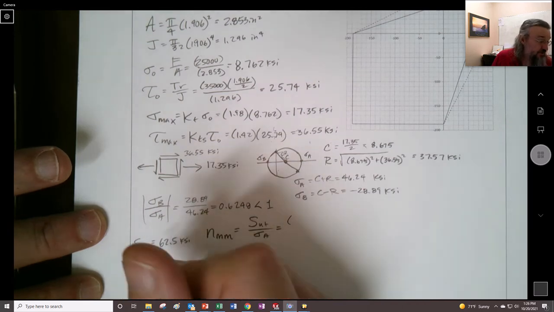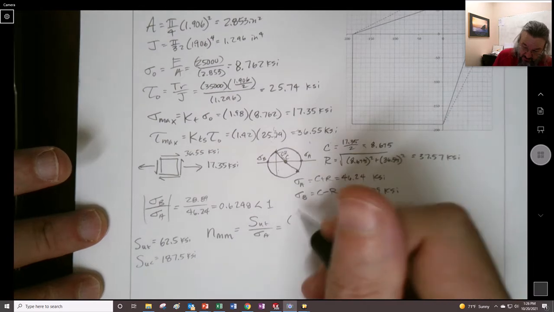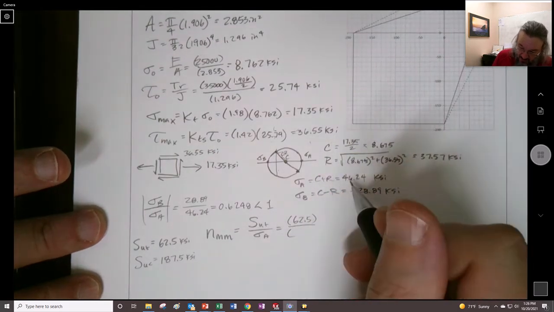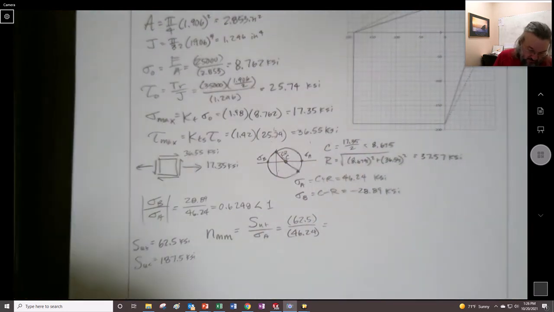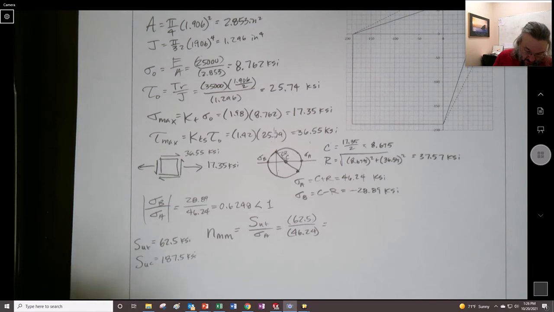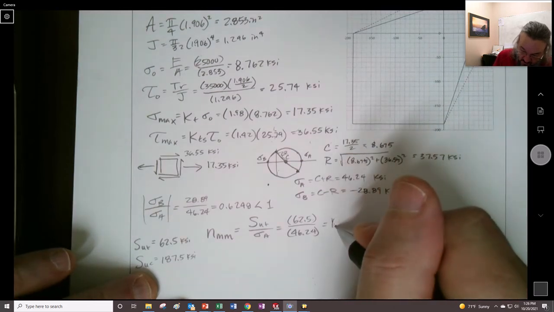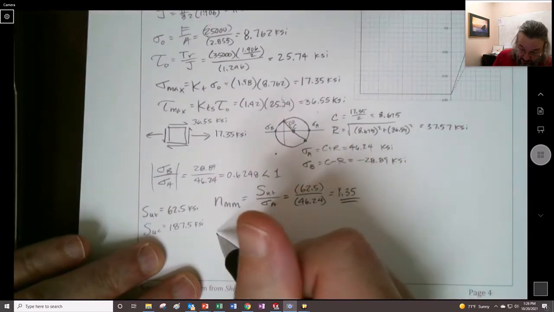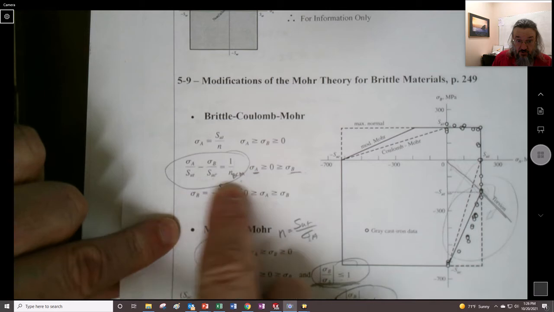And in compression, it's a large 187.5 KSI. So the safety factor is 62.5 divided by 46.24, and you get 1.35, right?